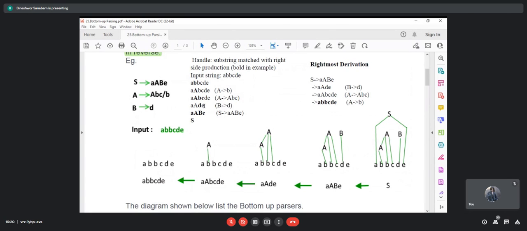Then the next step is we replace B with D. And the last step, taking consideration of all this, we get S. So this is just a pictorial representation.